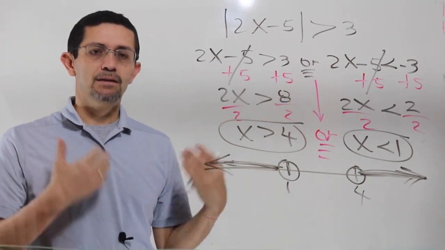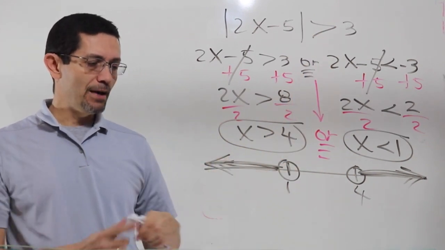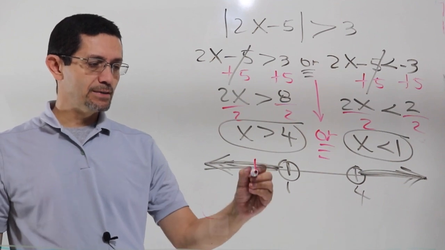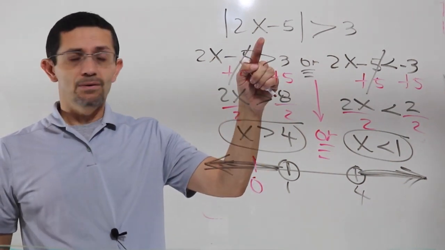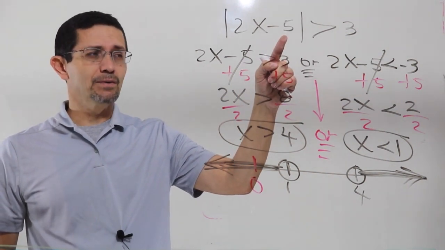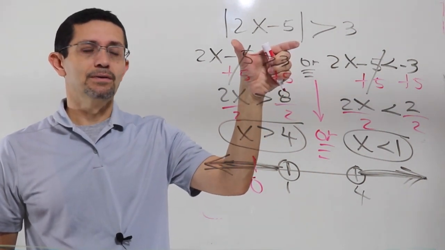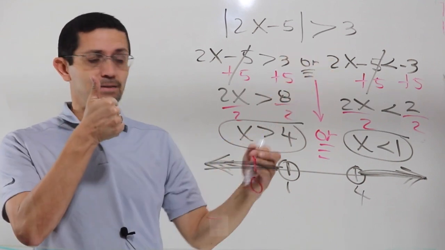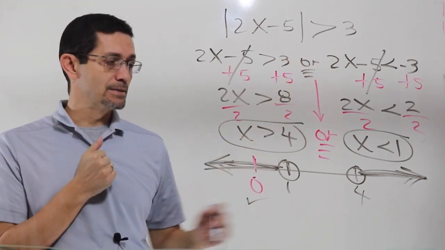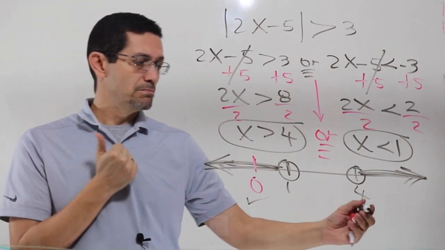Makes sense. Double check. Let's take a value, something that is less than 1. Let's say that here we're going to have a 0. 2 times 0 is 0, minus 5 is negative 5. Absolute value of negative 5 is positive 5, which is greater than 3. Makes sense? Something that is greater than 4.